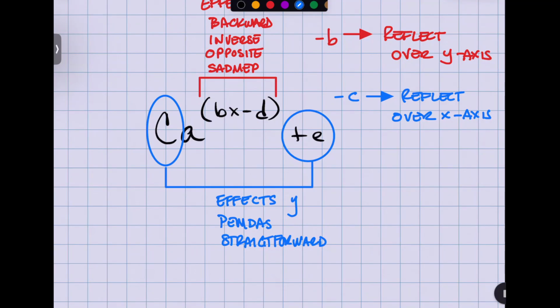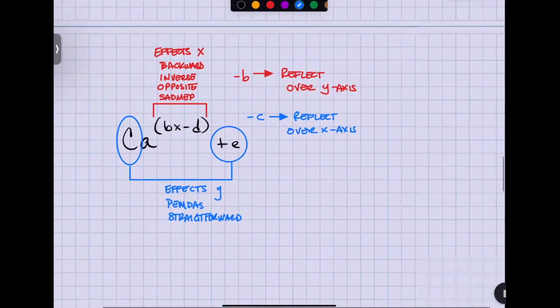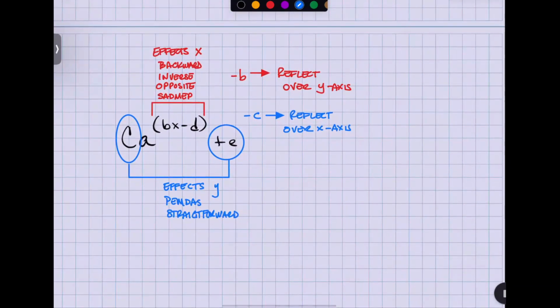Okay. So any point in time you see that you have to do some kind of transformation, like I see one in your lab work, number 6 is telling you to graph the function.